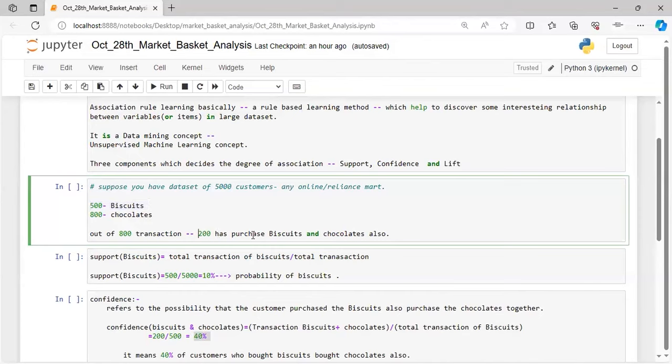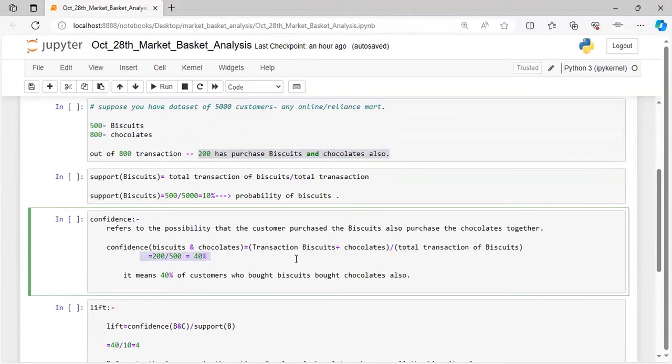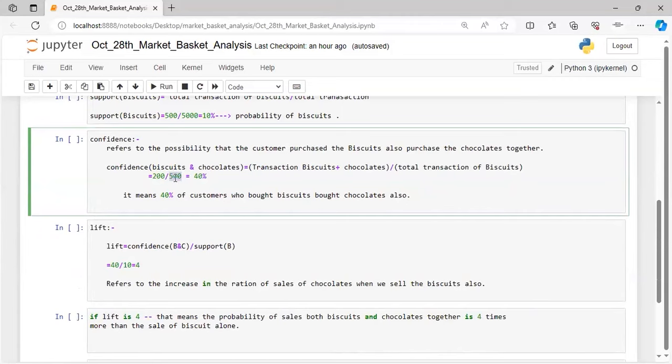Here we divide 200 by 500 and the value comes to 40%. Yes, here we are confused, sir. Why are you taking the value of 500? This is your question, right? Yes.